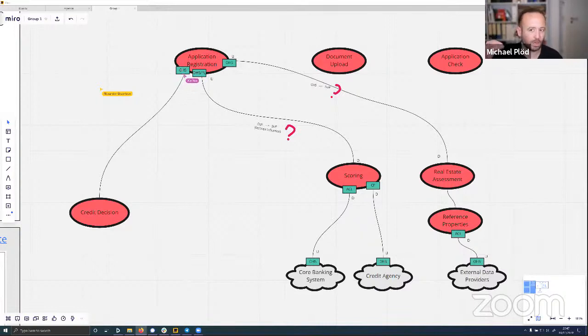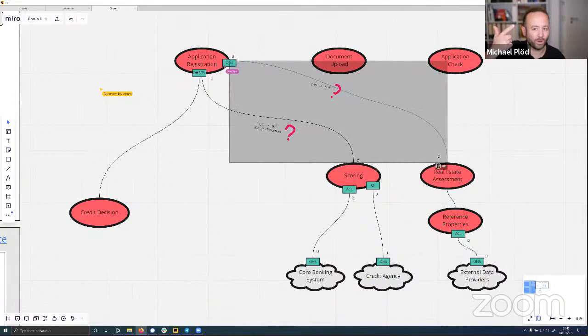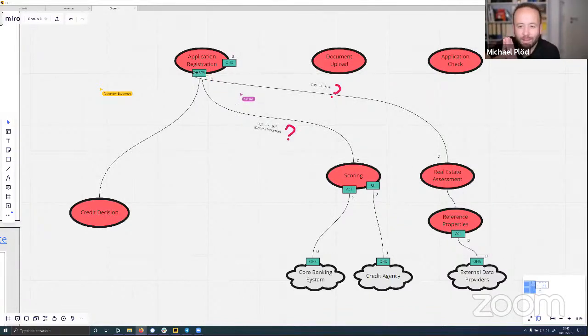And we also can grant a defined set of influence on that published language. For instance, in that committee defining the application form, I would put in the registration, scoring, and real estate assessment. So you can limit the influence of the customer part of the customer-supplier pattern on the published language.